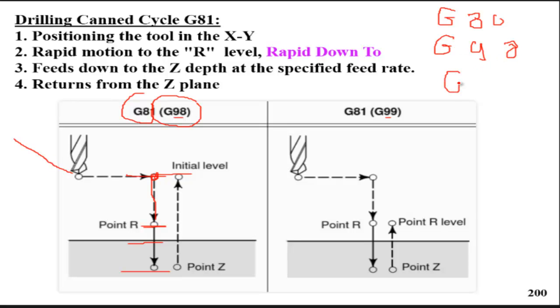This is not a canned cycle, but it is used with the canned cycle. Now the first canned cycle we use is G81. This is for drilling, and this is the sequence of G81. It will do all those steps in one line. So instead of using 4 lines in your CNC program, you only use one line.